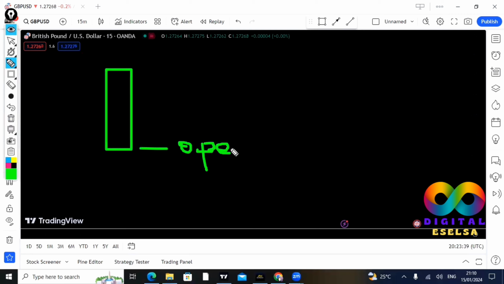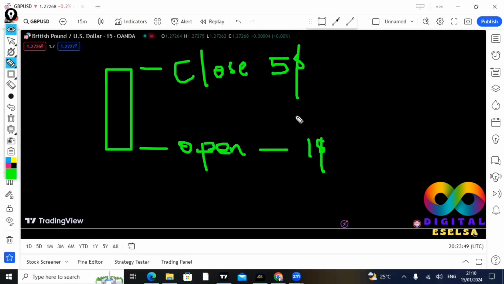The buyers pushed price from $1 and closed it at $5. Can you see it now? So that is why this particular candle, the open is below and the close is above. So buyers push the market from 1 to 5 before it closed, at a particular time frame.